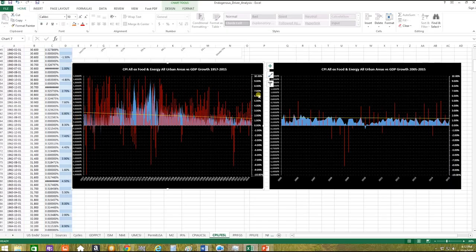On the right-hand side, we have real GDP quarterly on an annualized basis, and that's in red. We also have our line of best fit, or basically our normal situation, which is our mean, our average across the entire data set for CPI fit to corresponding levels of GDP.